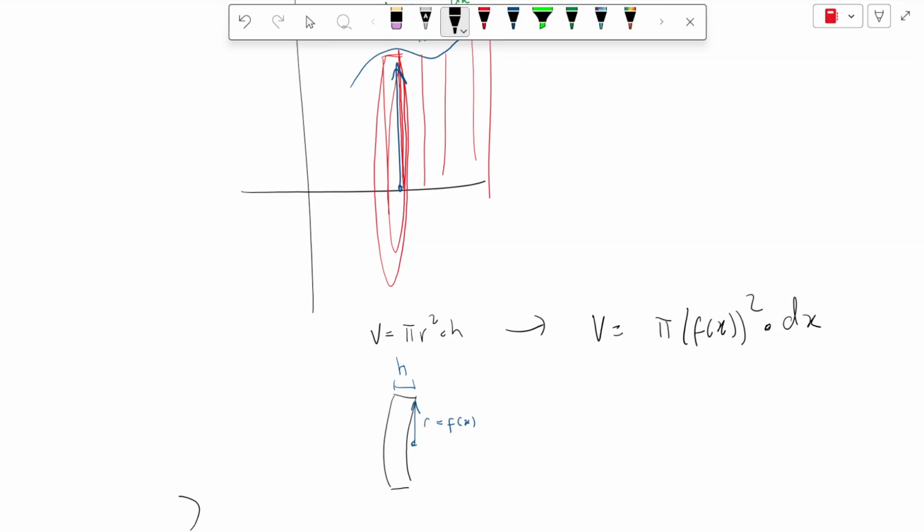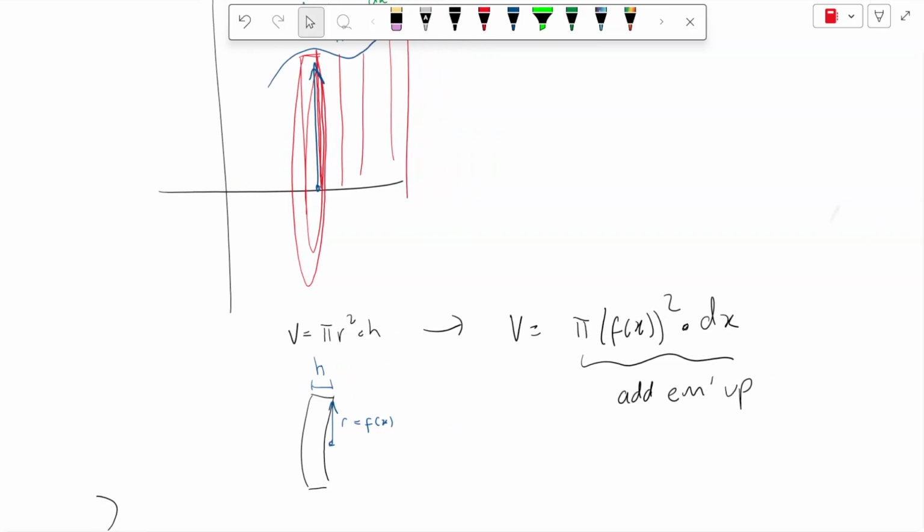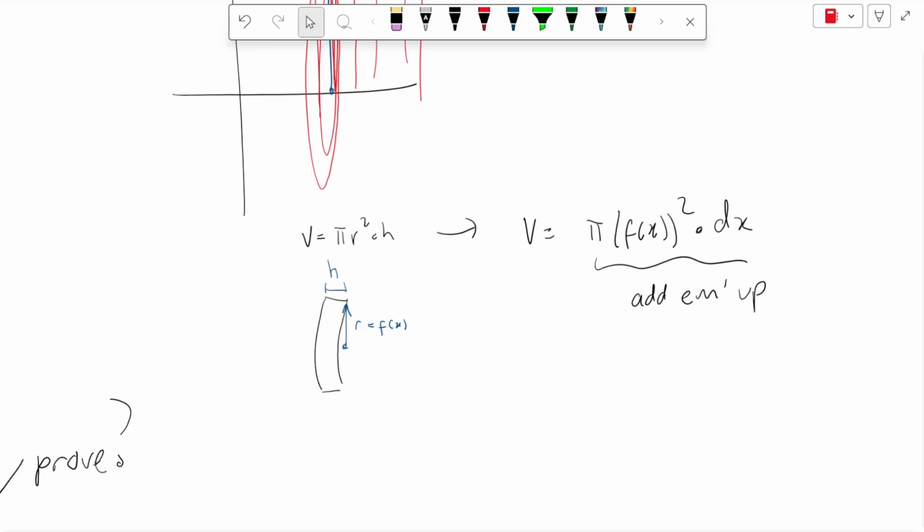And I'd really like to add them all up. So when I'm talking about adding them up, I want to sum pi f of x squared dx.